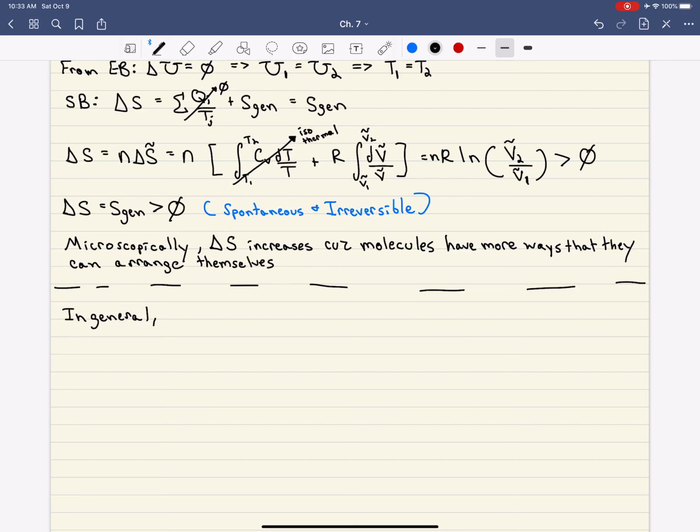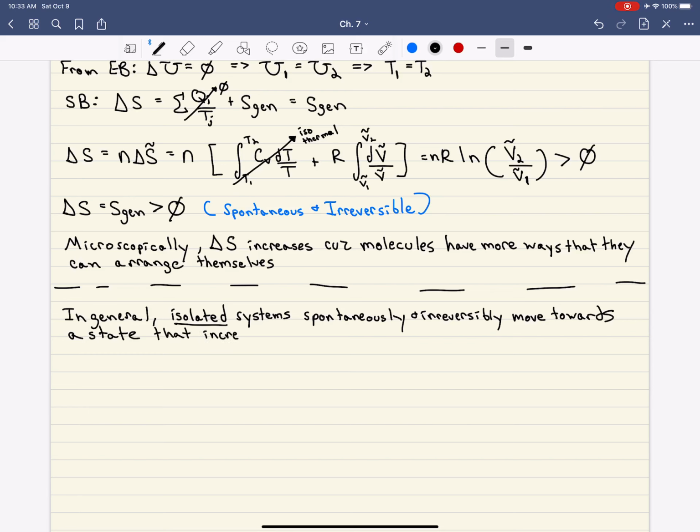In general, if we're dealing with an isolated system, what we see is that isolated systems will spontaneously and irreversibly move towards a state that increases their entropy.